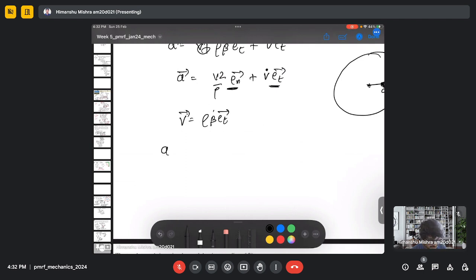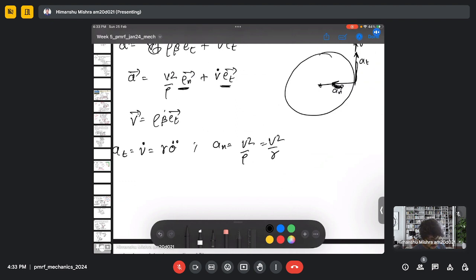So my tangential acceleration will be v dot or r theta double dot. My normal component will be v squared by rho, or I can write in terms of r, so I will get v squared by r.